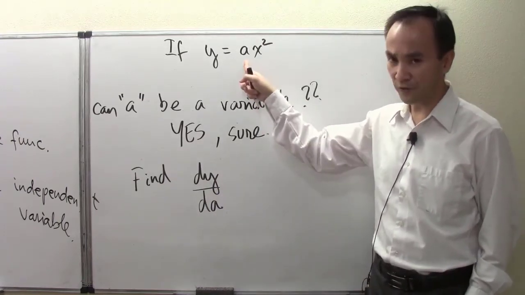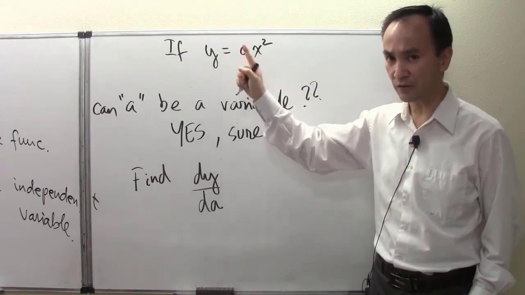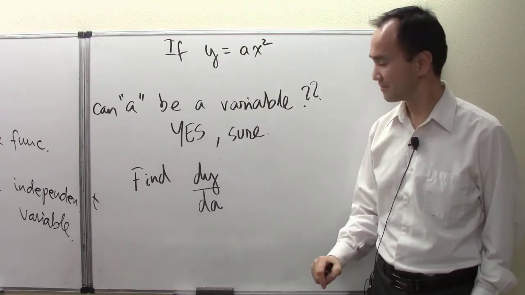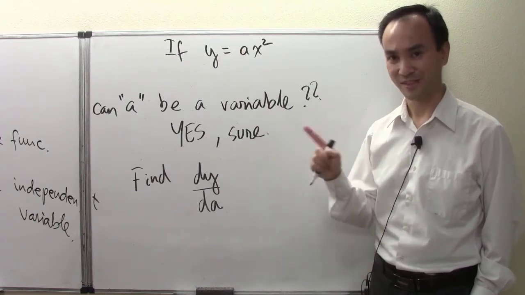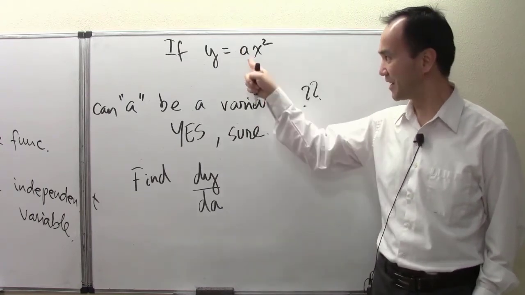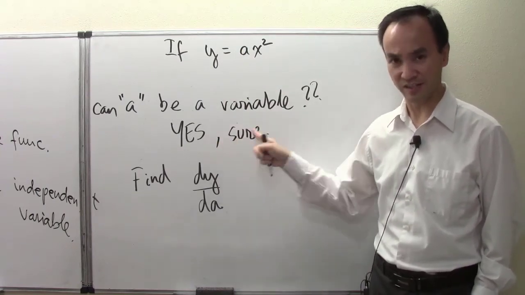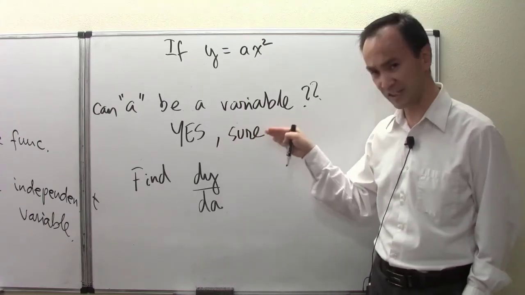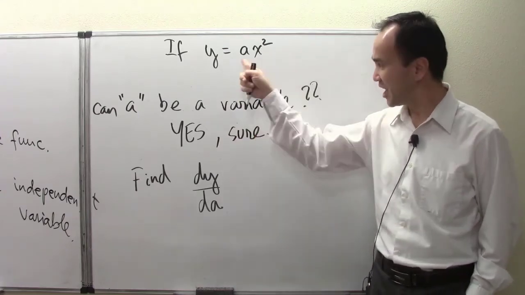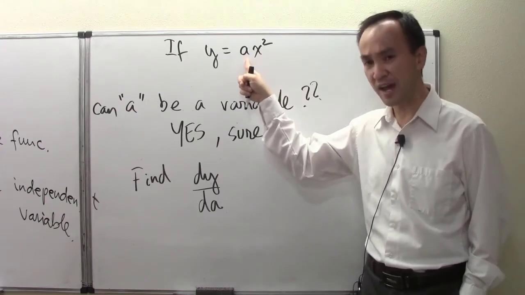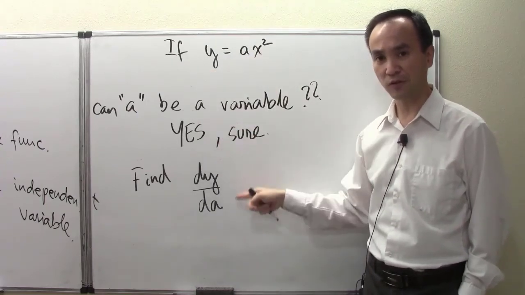Changing the value for a will also change the value for y. Just have some thinking of that. It's a variable as well because we said yes, it's a variable, and now I can still defend my reasoning right here. Changing the value for a will change the value for y as well.